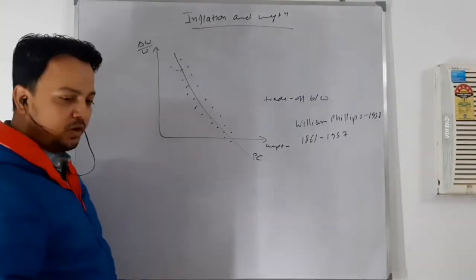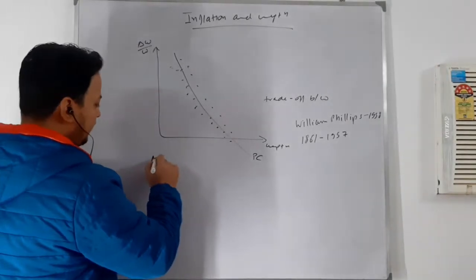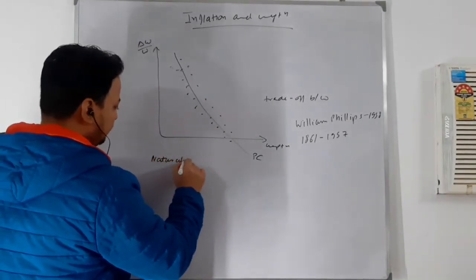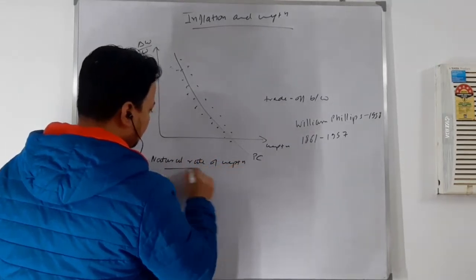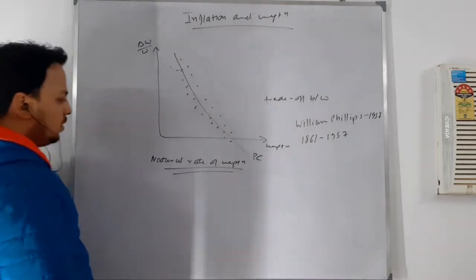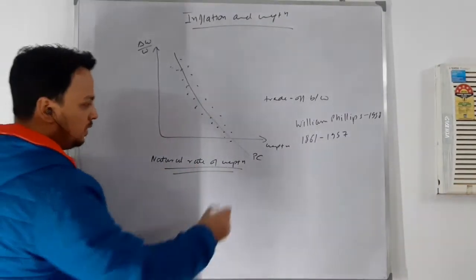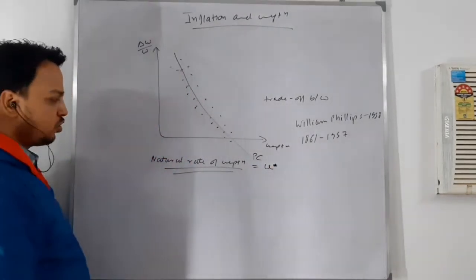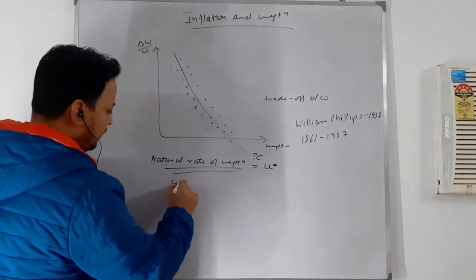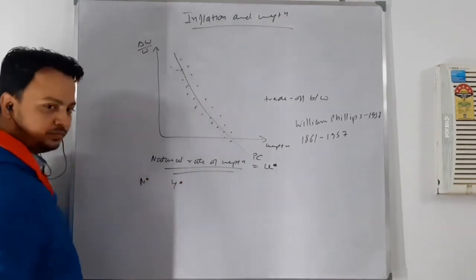Later on, we want to provide the theoretical structure to this. So we have defined the natural rate of unemployment. If you remember, I told you this natural rate of unemployment, which I denote by U star, corresponds to your full employment output level, or full employment of the labor force.